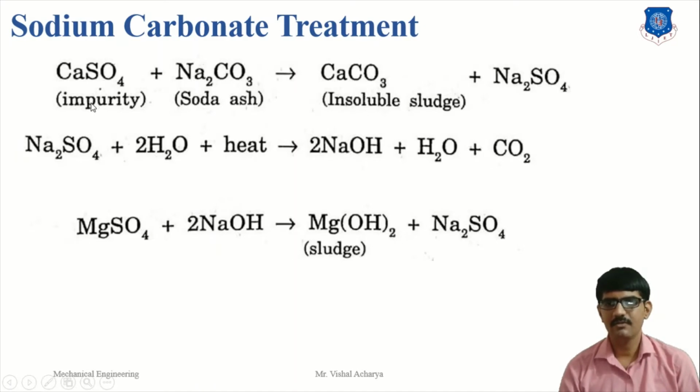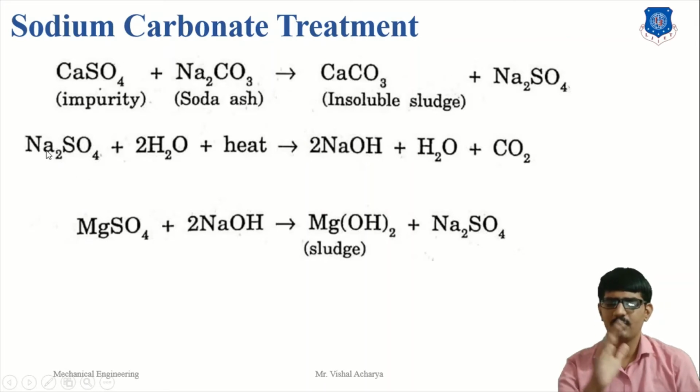In sodium carbonate treatment, first, when high pressure water has carbon content and sulfur content, the sulfur-containing impurity is removed by adding sodium carbonate, meaning soda ions. The chemical reaction of the impurity with the soda ions produces calcium carbonate, an insoluble salt, and sodium sulfate.